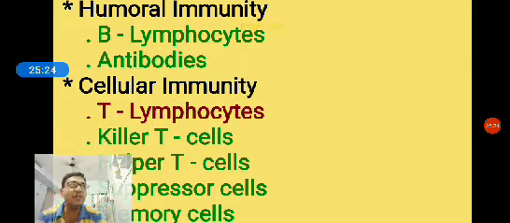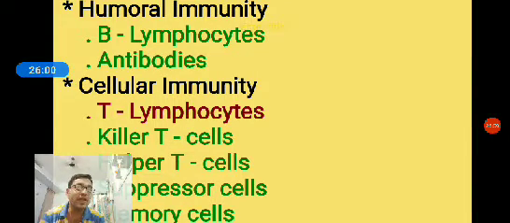Next, cell mediated immunity, also called cellular immunity, the role of T lymphocytes. The definition: the immunity in which the body fights against the pathogen by producing special type of cells like macrophages is called cell-mediated immunity.